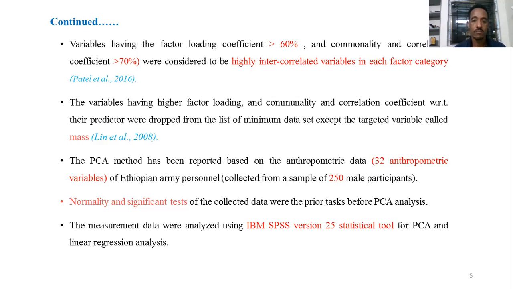In our case, more than 80% of the variables are normal, and they also have significantly high variation.